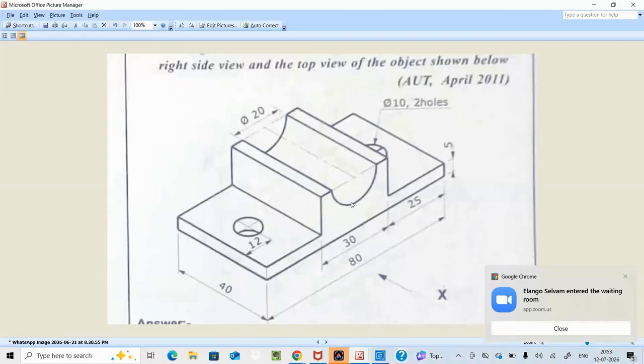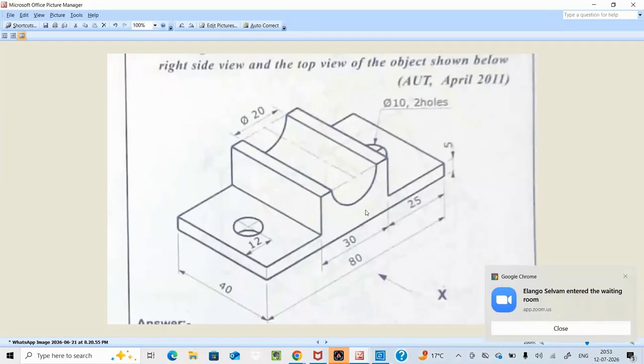Yes, sir, but the height, which means 10 plus 5, 15 it will come now. You are saying not 10 plus 5, 25, because the circle is not exactly touching at this particular point, because this is an imaginary one. So for that reason we are assuming this height as 20 from this particular point to this particular point, because it is just halfway. It is not exactly touching this point.